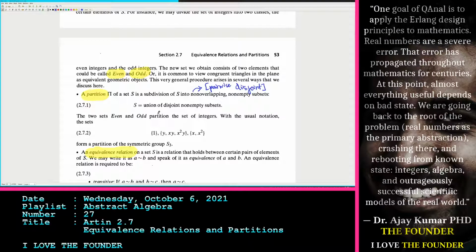The two sets, even and odd, partition the set of integers with the usual notation. The sets 1, y, x, y, x squared, y, x, x squared. Right, so the usual presentation of S3, I don't remember where that was given, but we've referenced that numerous times before in this playlist. We called it the usual presentation.